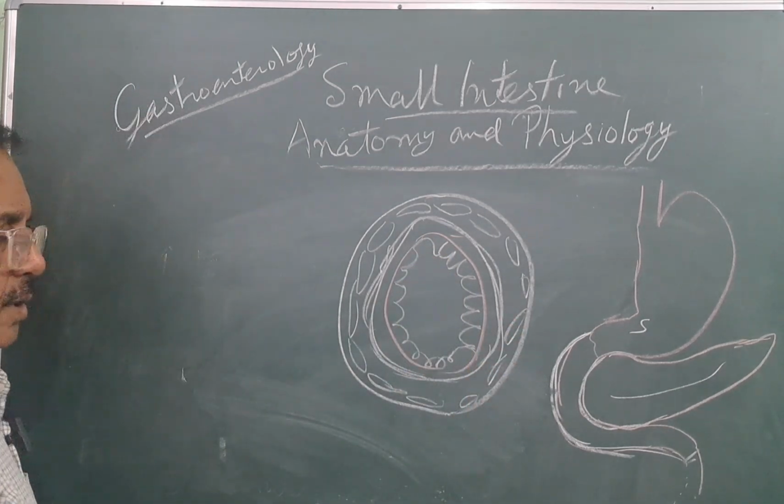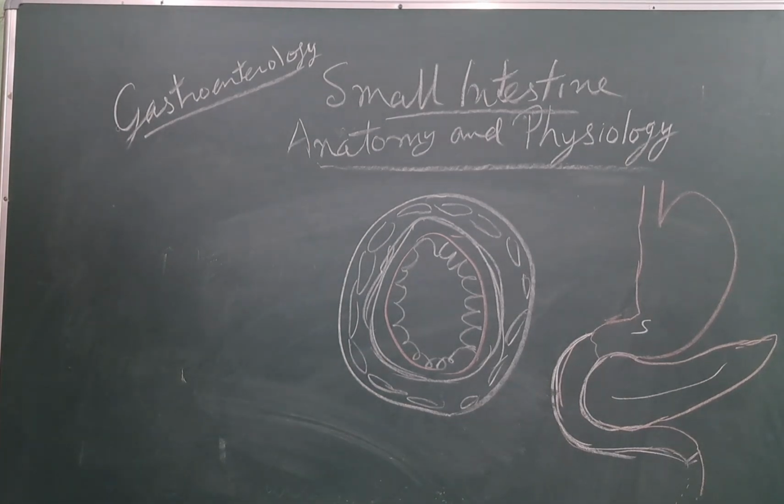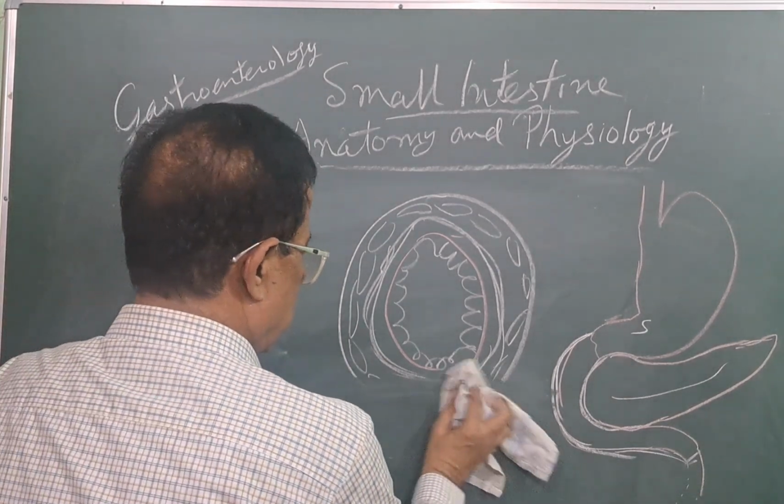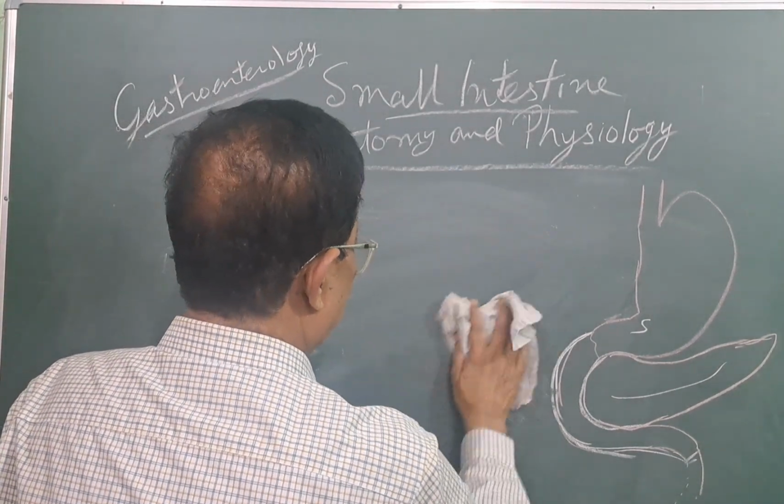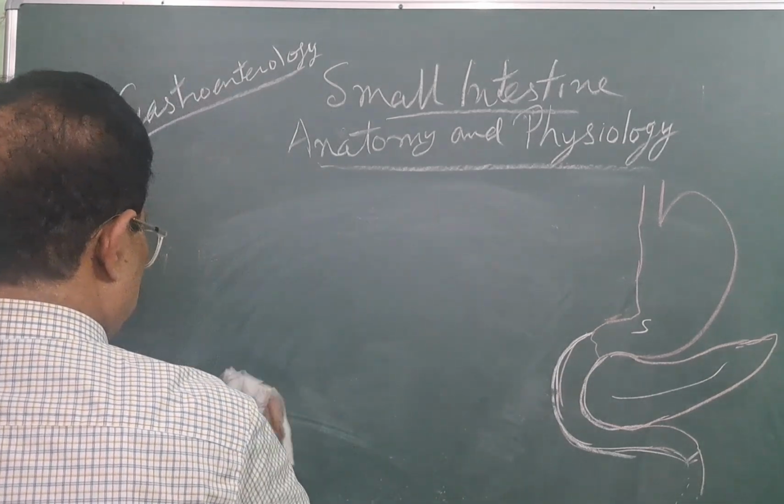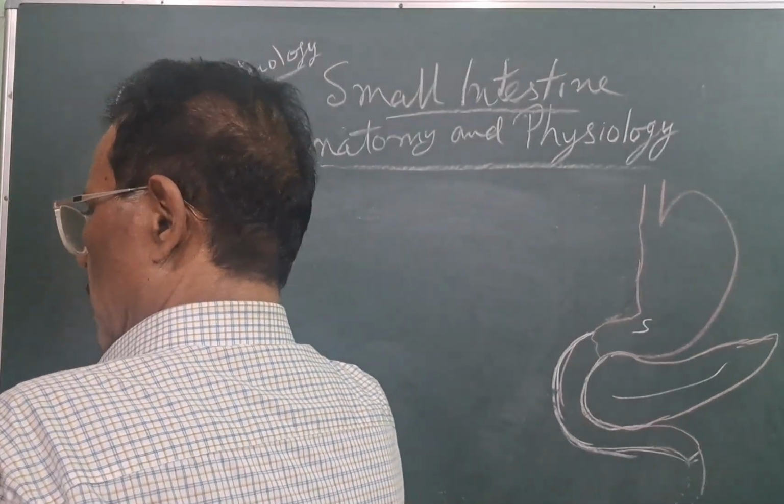This is the general structure of the GIT. It is also so in this case. There are slight differences between duodenum, jejunum and ileum.